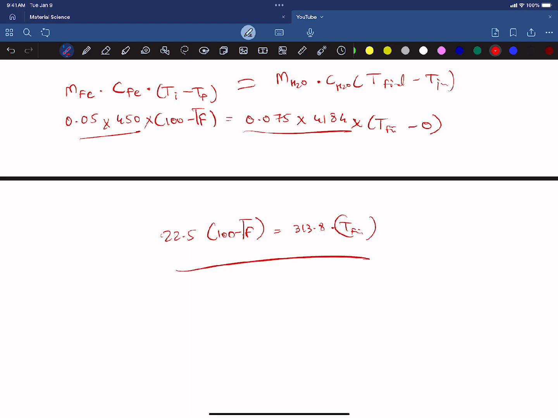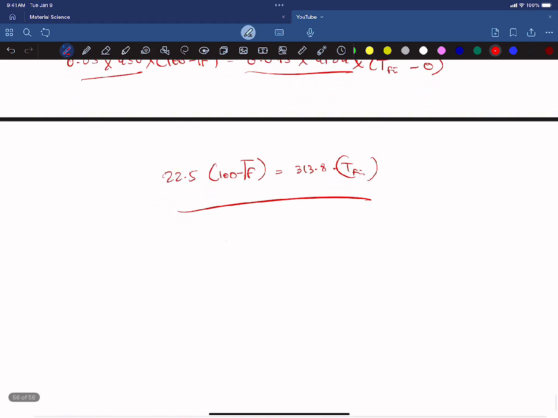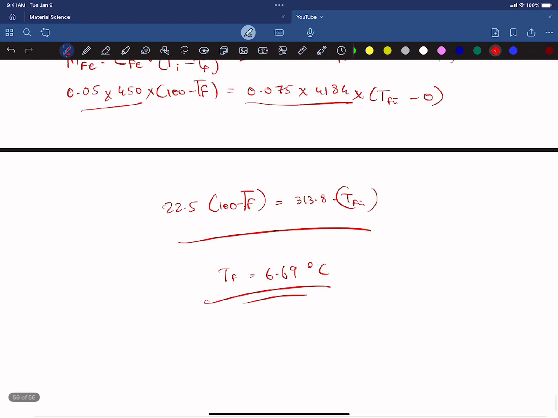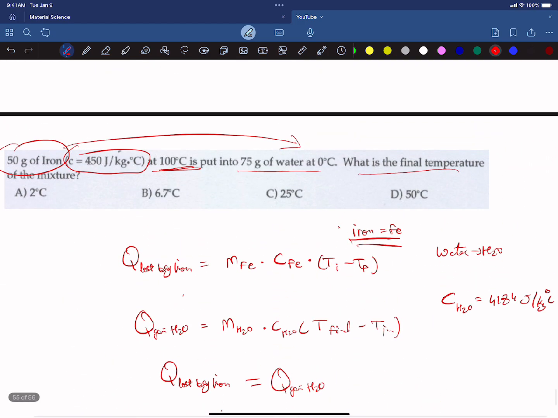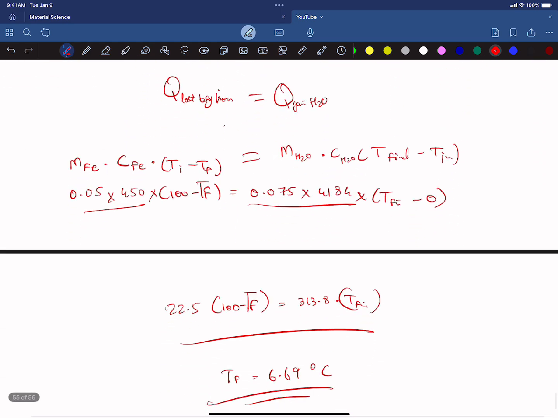Now doing some rearrangement, you will get T final is equal to 6.69 degrees Celsius. This is our answer, 6.69, B.